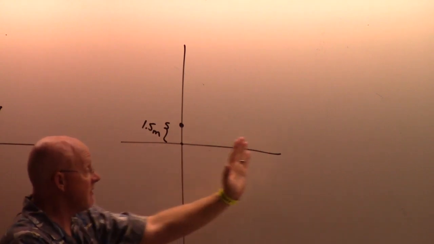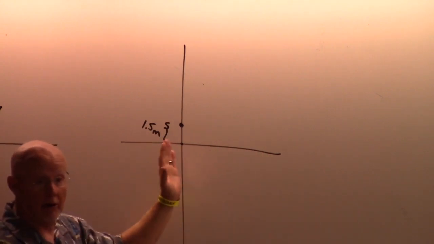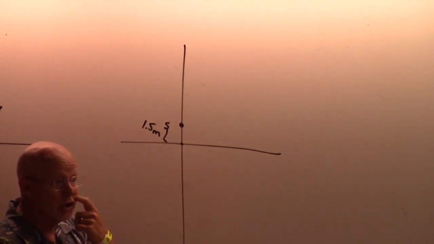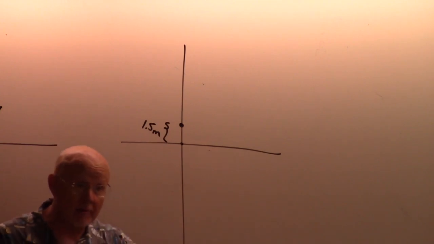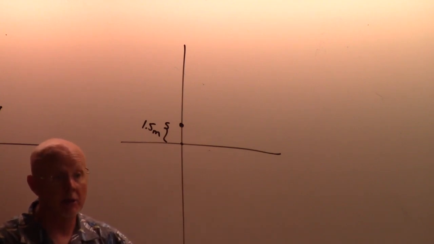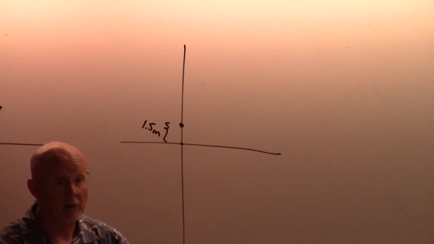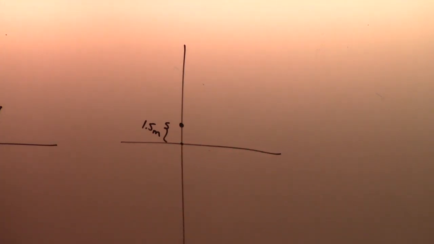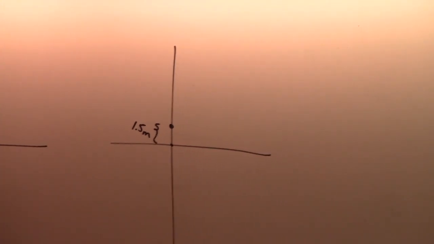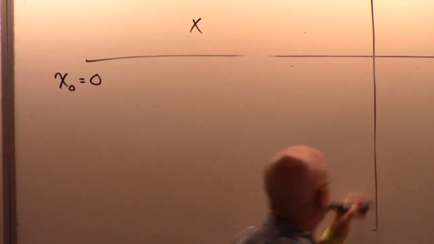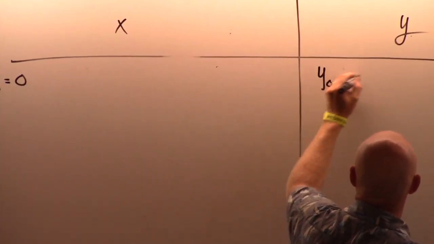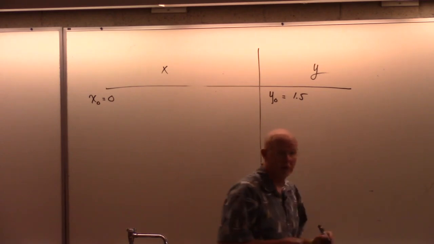Now, the x value, I'm putting 0 right where it gets started from. So my initial x is 0, but my initial y is 1.5. And so maybe that's worth writing right here. My initial x is 0, but my initial y is 1.5.